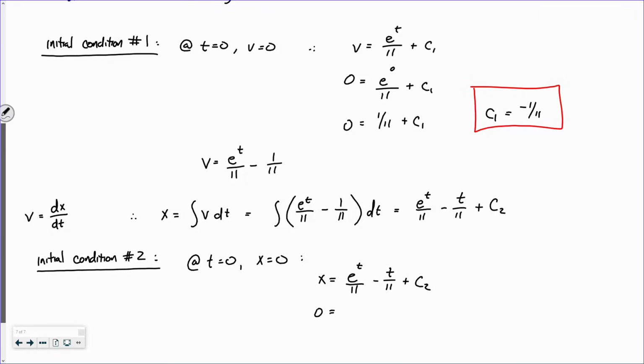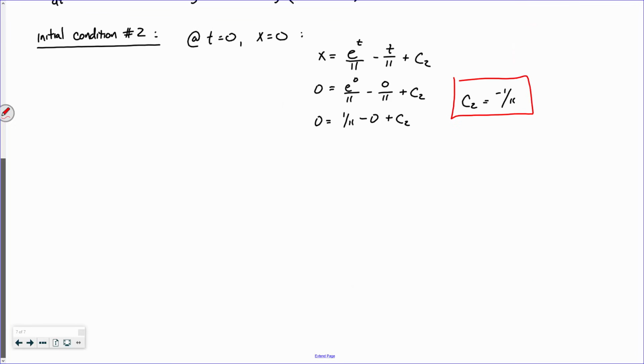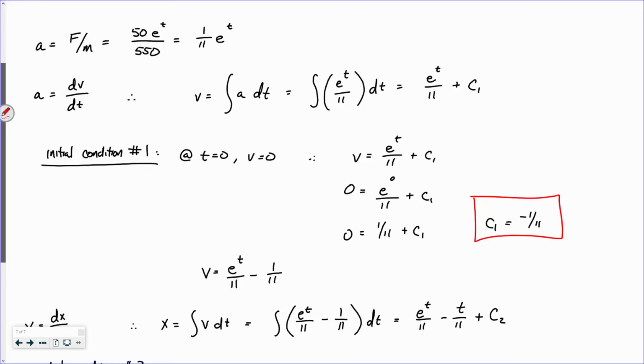So 0 equals e to the 0 over 11 minus 0 over 11 plus c2. 0 equals 1 over 11 minus 0 plus c2. There we go. Everybody okay with this? Am I going too fast or are you good? Okay.